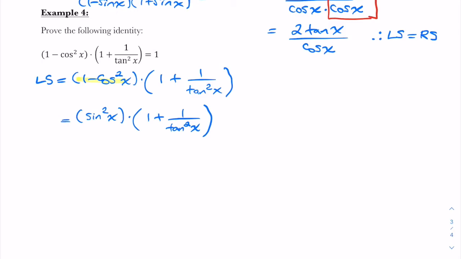Okay, another thing I want to mention at this point, everyone, is when you're working with identities, sometimes you just have to be willing to try something. What I mean is, there's really no rules for these in the sense of do this, then that. Identities are different from everything you've ever done in mathematics because there isn't a script to follow. So this is where you have to be willing to play with it.